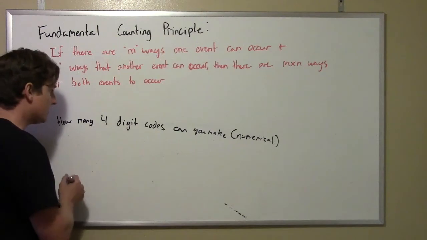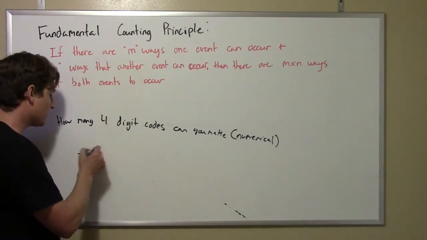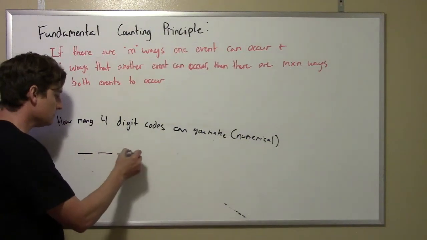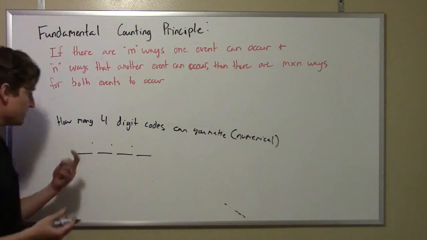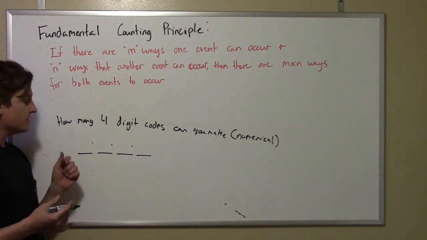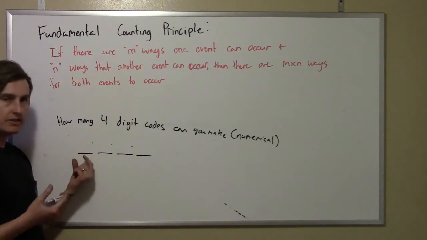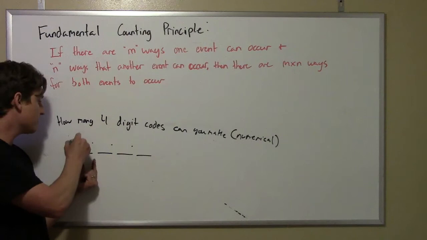So the idea here is if we have a bunch of events occurring. The events we have occurring is basically choosing a number for the first digit. So how many different ways are there to choose the first digit? Well, there's 10 options, right?